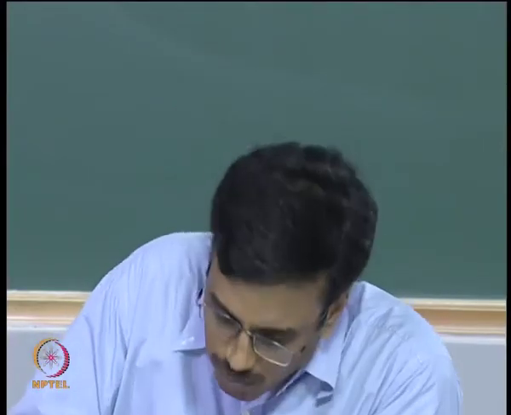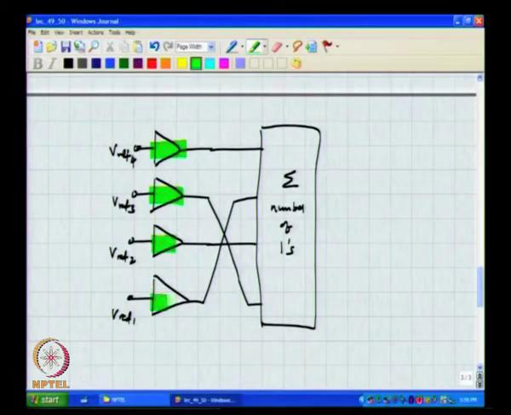Now, changing the position of these comparators can be thought of as a change in offset, you understand. So, in other words, you were trying to realize comparators with these thresholds, but due to offsets I got this.